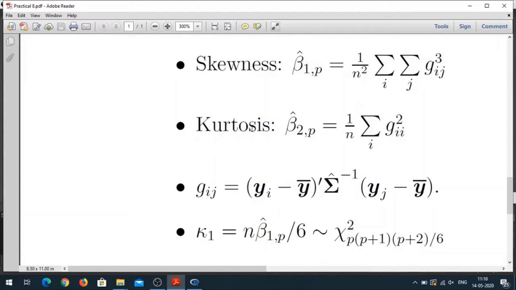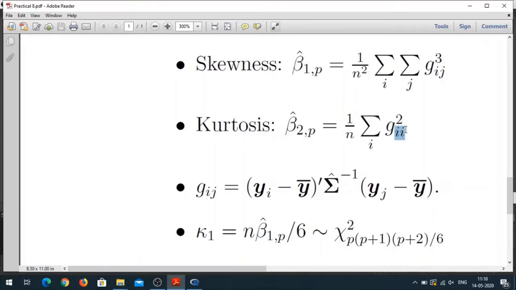Similarly, we are going to define a kurtosis measure. In that we are going to consider Gii. Notice we are not considering Gij now, we are focusing only on Gii. So it is exactly a quadratic form: (yi minus y bar)' sigma hat inverse (yi minus y bar). And then we are taking the square of it. So I already have yi occurring twice, and then we are taking the square, so basically I have kind of like yi raised to 4.